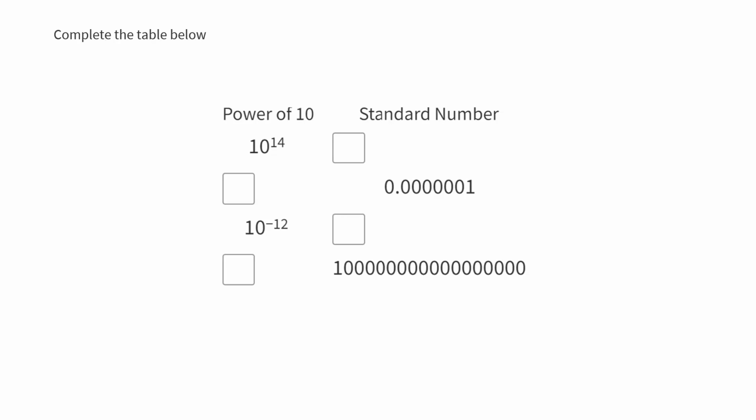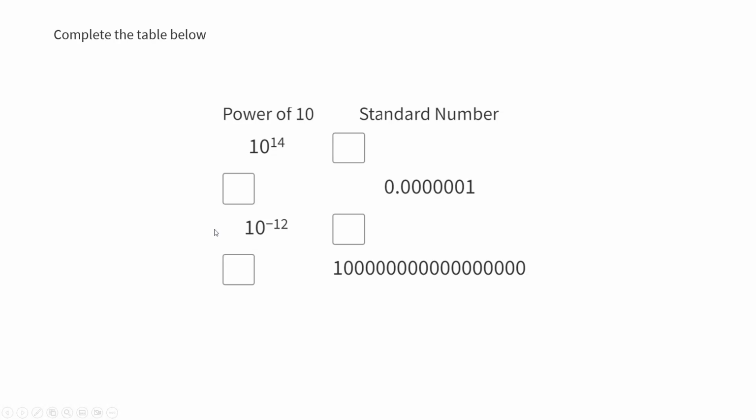So in the first example, you were asked to either convert a power of 10 into a standard number or a standard number into a power of 10. The way the powers of 10 work is that 10 raised to positive numbers are going to have essentially that many zeros following it, whereas 10 raised to a negative exponent are going to have a number of zeros preceding it.